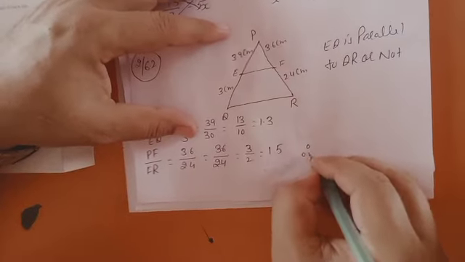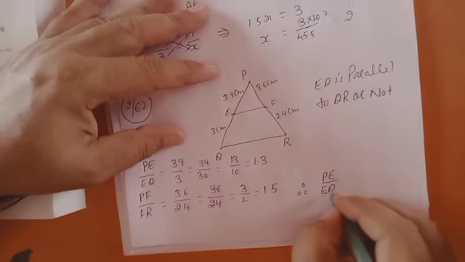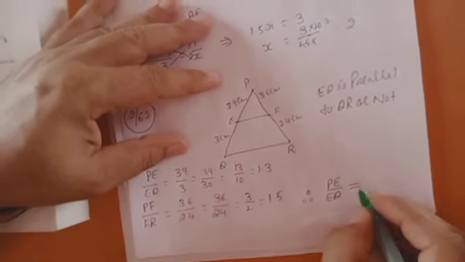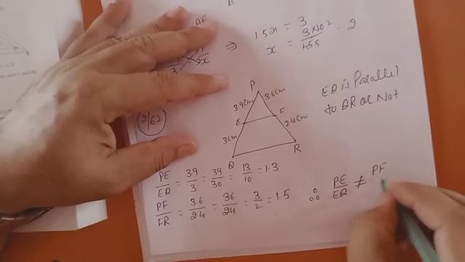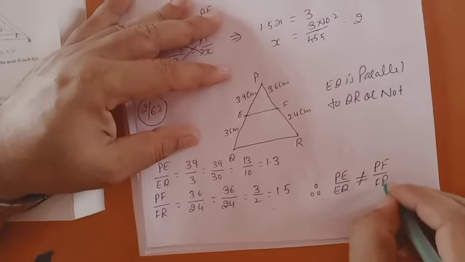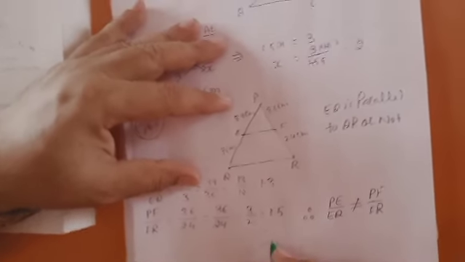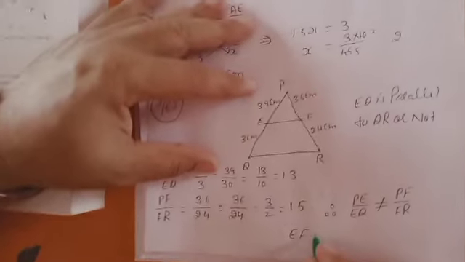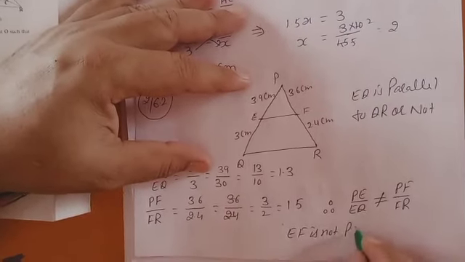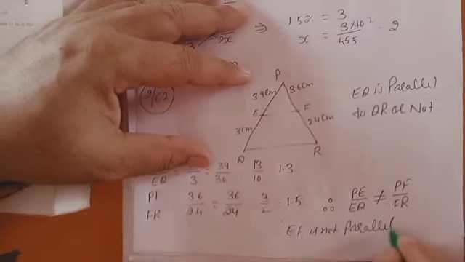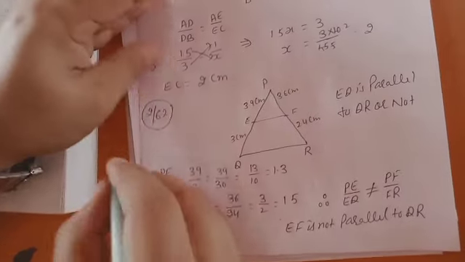Therefore PE by EQ is not equal to PF by FR. If these sides are not in the same ratio, therefore EF is not parallel to QR.